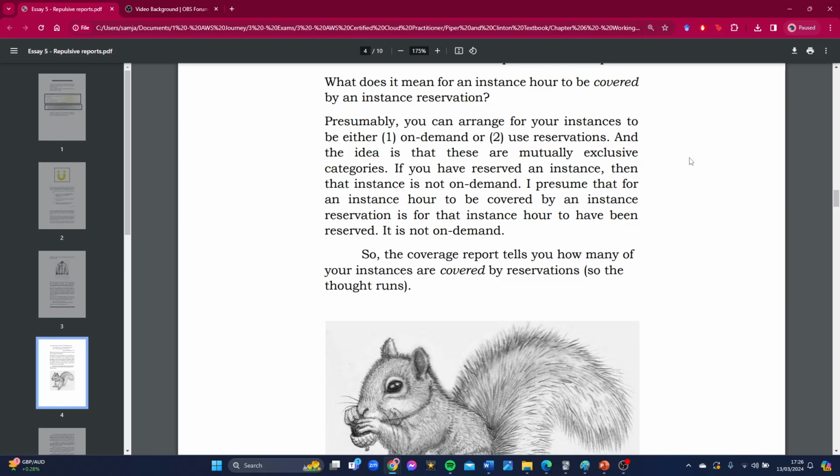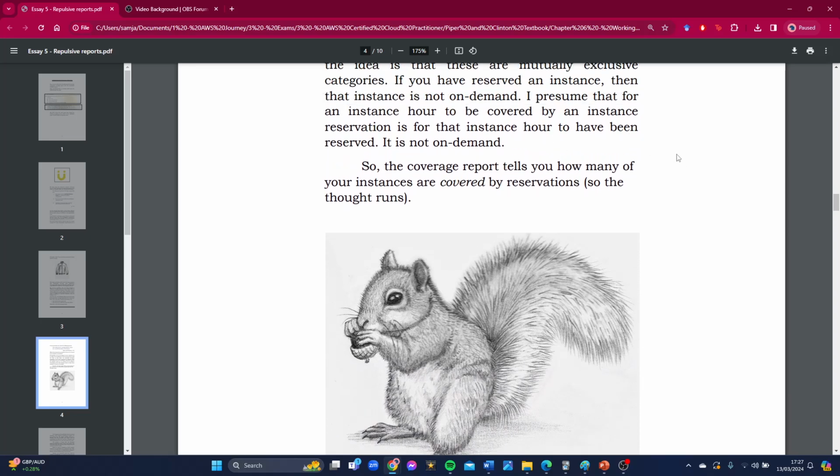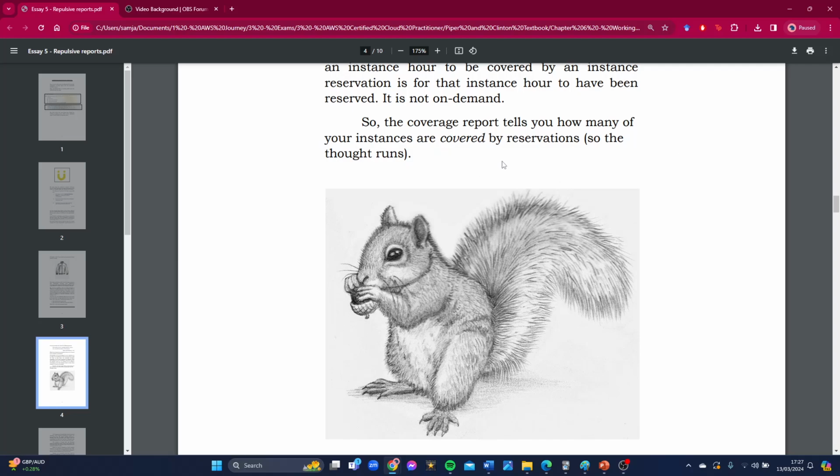If you have reserved an instance, then it's not on demand. I presume that for an instance hour to be covered by an instance reservation is for that instance hour to have been reserved. It's not on demand. That's what it means for an instance hour to be covered by a reservation. So the coverage report tells you how many of your instances are covered by reservations.